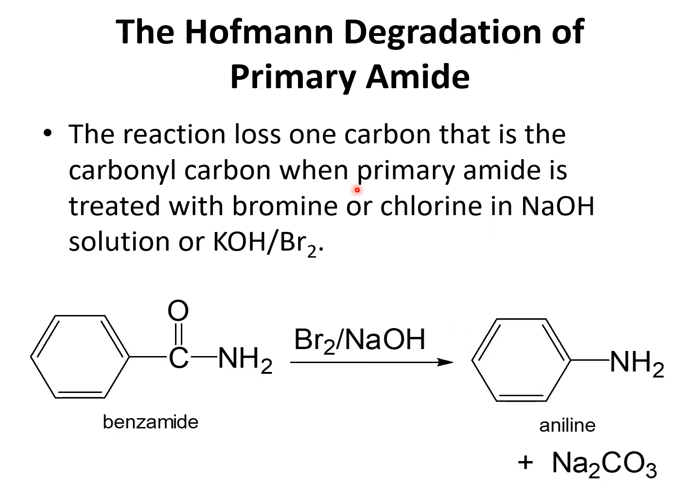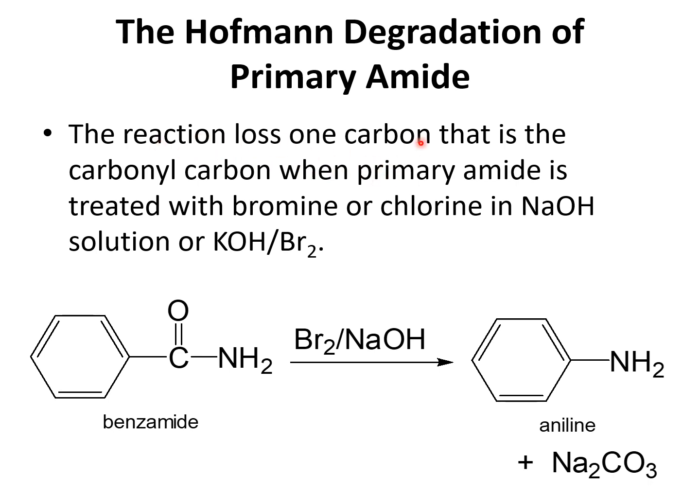The next one is also the most important topic that usually comes out in the test. Please pay more attention: the Hofmann degradation of primary amide. Degradation means that it will include loss of one carbon. Degrade, loss of one carbon.